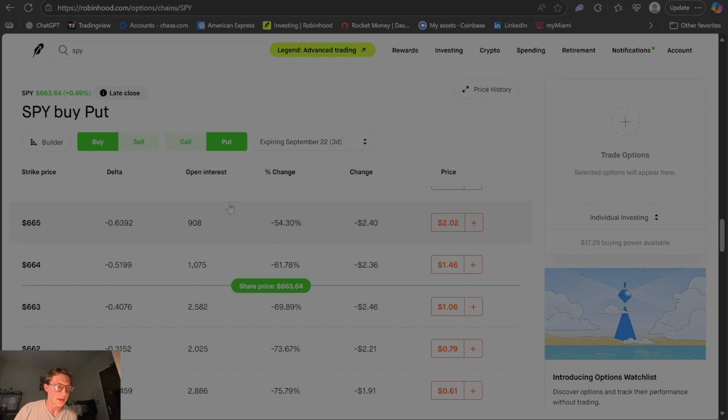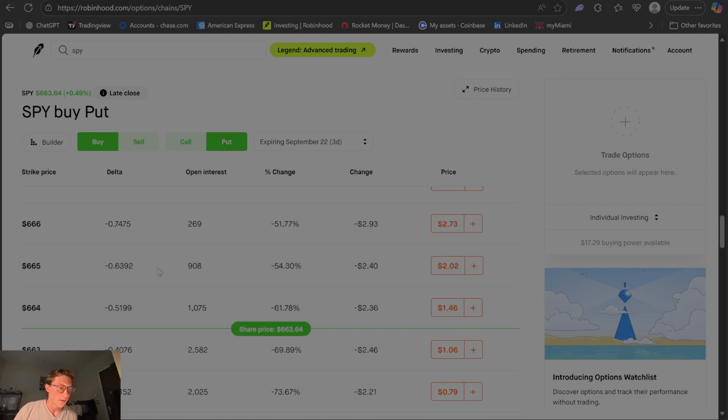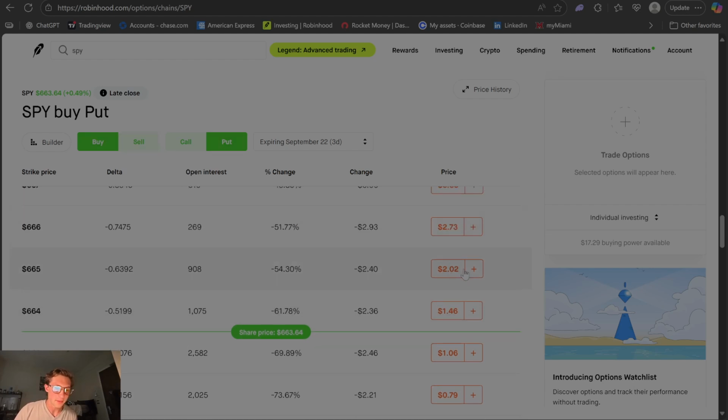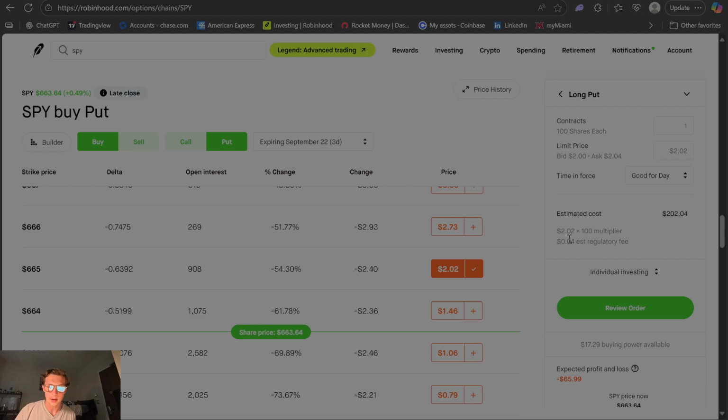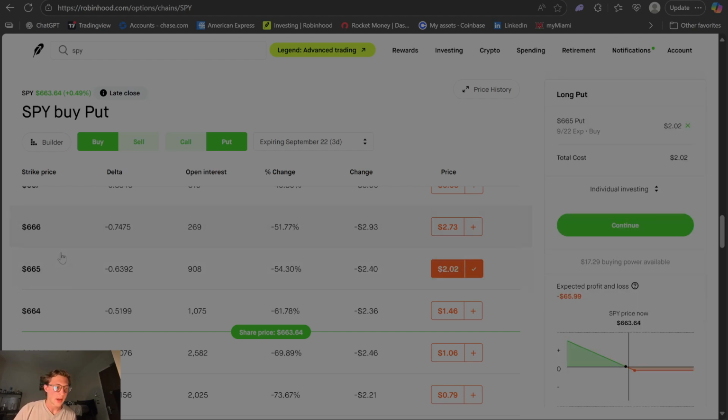So for instance, if I was going to buy a put for 665, it again would cost me $200 because it's in $100 multipliers. What this is saying is I can now sell my 100 shares of stock at this strike price, which makes sense because the share price is lower than the strike price.